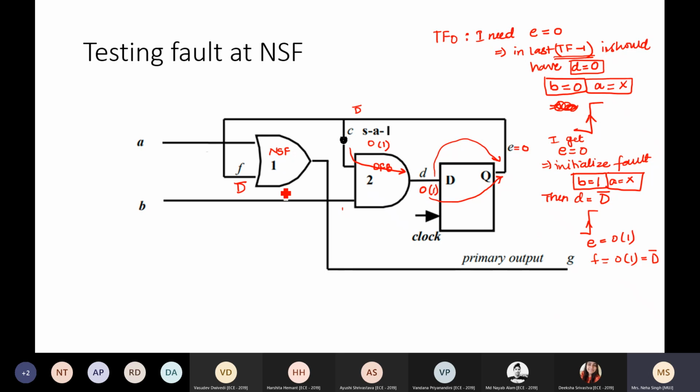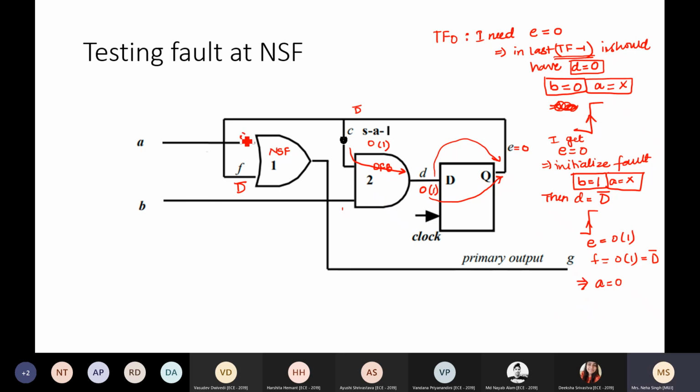So OR gate में when will this fault be propagated? What should you put the value of A so that only the value at F affects the output? 0. OR गेट के लिए 0 is non controlling value. तो इसका मतलब इस टाइम पे I should ensure that A becomes 0, right?